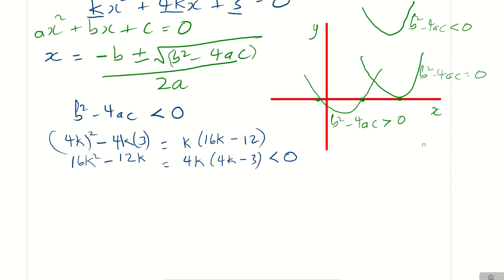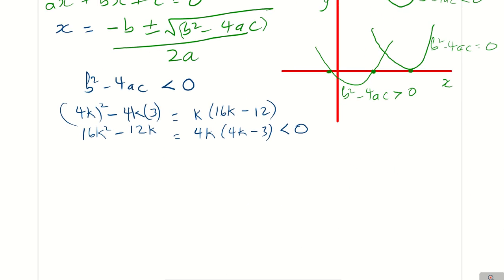Right, so let's think about this. This is an inequality. Now, how do we solve this? Well, we solve this by putting it equal to 0, and then when we solve that, we'll find what we call the critical values.